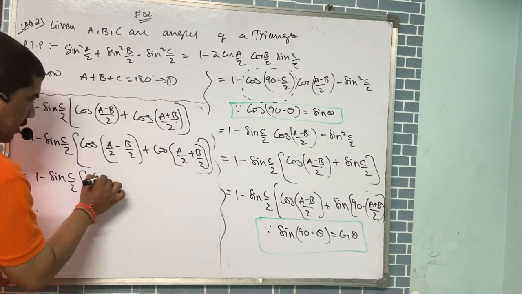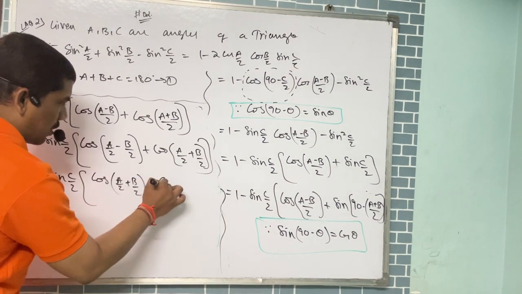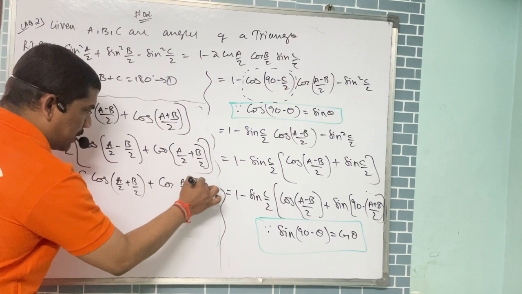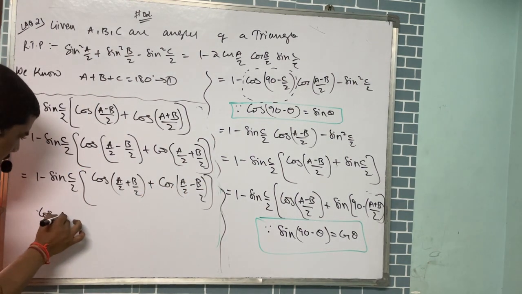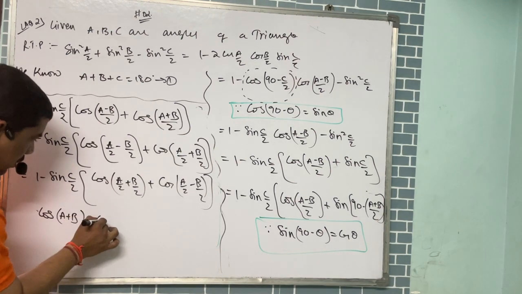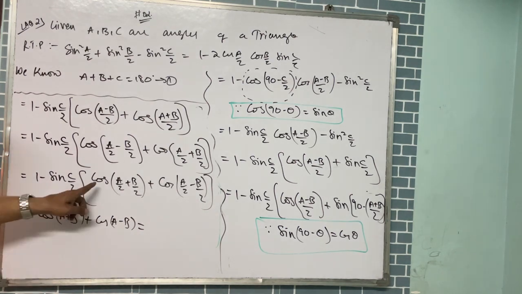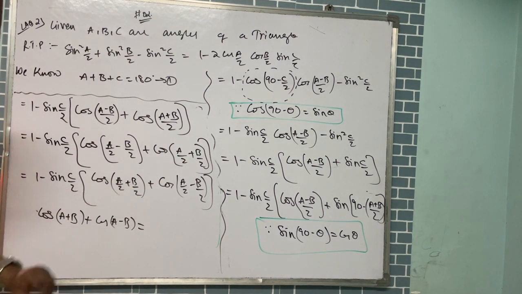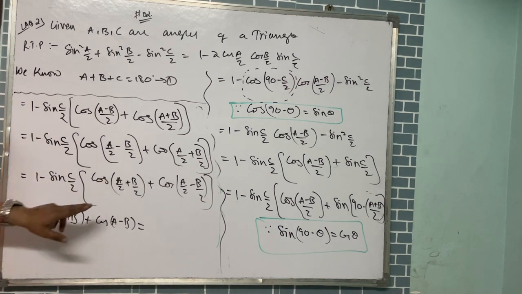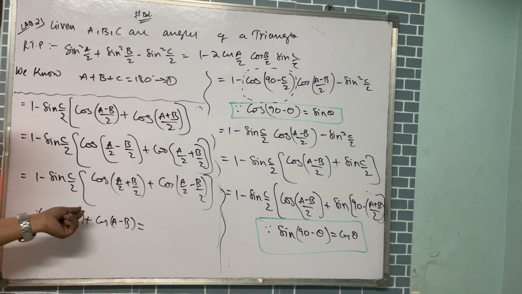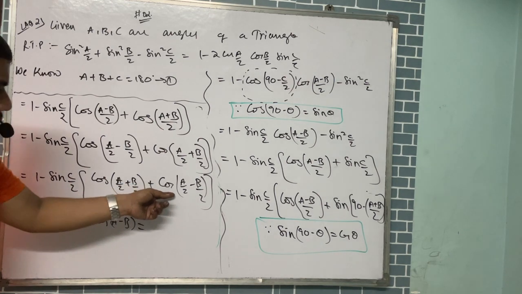First I'll write this, cos a by 2 plus b by 2, cos a by 2 minus b by 2. Now look at student, isn't it looking like cos a plus b plus cos a minus b? See, cos a plus b. In place of a, I have a by 2, that you keep aside. Consider this as a. So it's looking like cos a plus b plus cos a minus b.